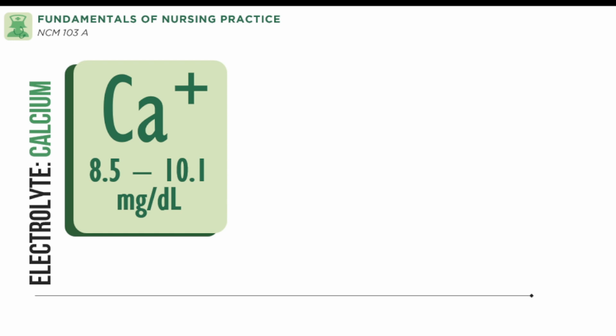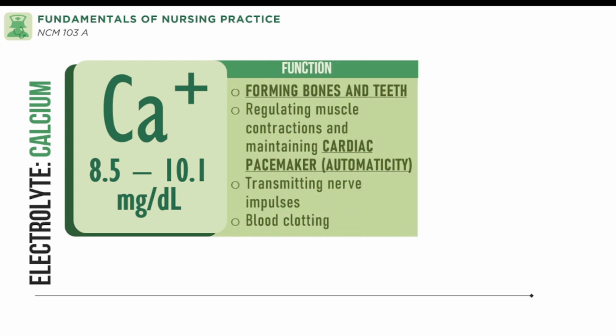Okay, functions. Let's talk about the function of your calcium. Calcium is vital and plays numerous critical roles in your body. Number one, it is essential for forming and maintaining strong bones and teeth, helping to support your skeletal structure and integrity.